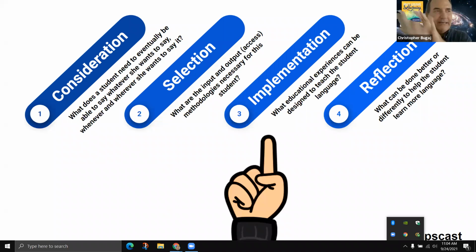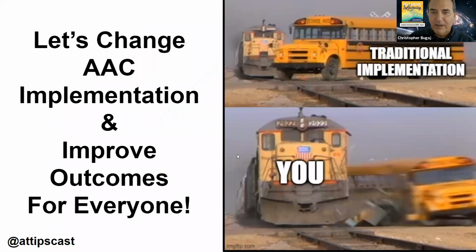Really, I think of them as a Mobius strip. They're all interwoven together and mixed together, but we're going to mostly focus on implementation here. Sound like a plan? Of course, use the chat, put questions in there. Feel free to be engaged in this interactive discussion.